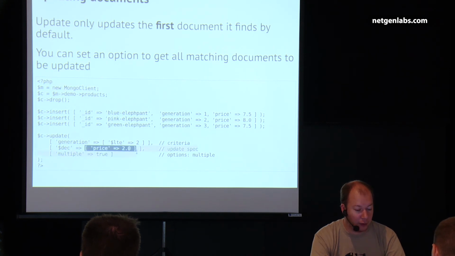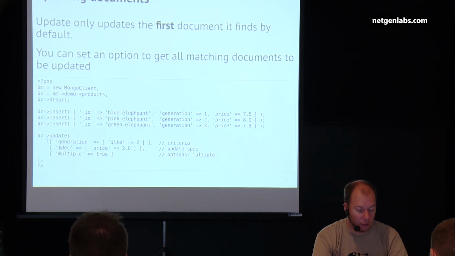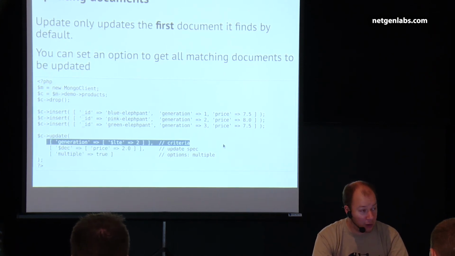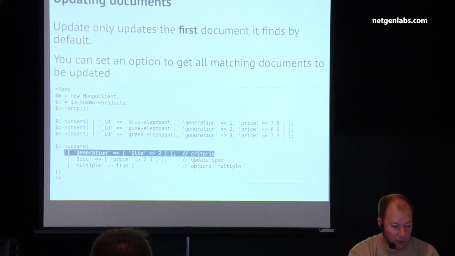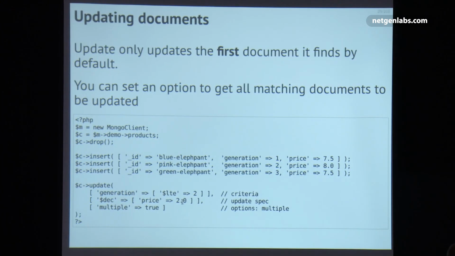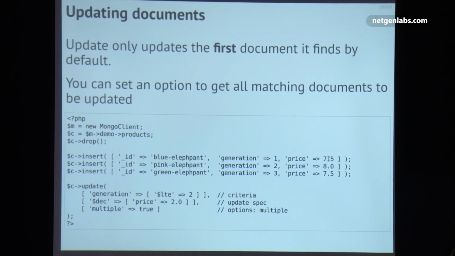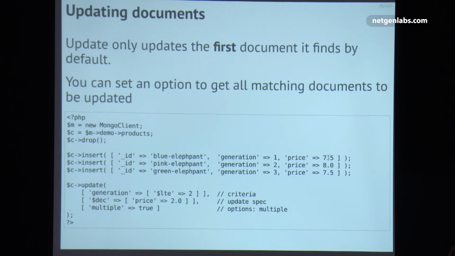And then for each of those operators, you have an array of fields that you want to do that operation on. So what this says is, for the document that matches this query, we decrease the price field by 2. As a result, the price of the first elephant is 5.5, and the second one is 6.